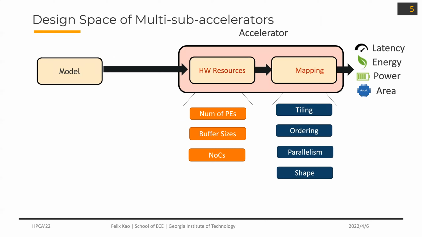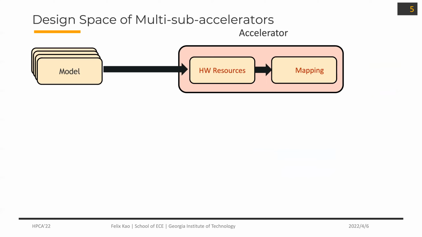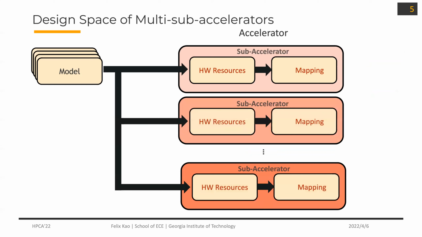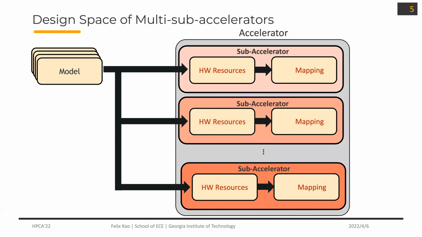First, let me quickly go over a single accelerator. In a single accelerator, we have hardware resources and mapping space, where hardware resources include PE, buffer, and NOCs. In mapping space, we have tiling, ordering, parallelism, and shape. Now we consider multi-tenancy workload and multi-sub-accelerator architecture. Now we have multiple jobs to schedule to different sub-accelerators, and how we schedule will hugely affect the overall performance.